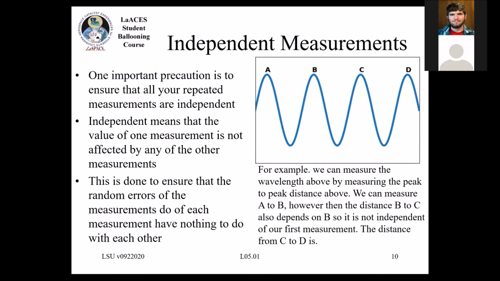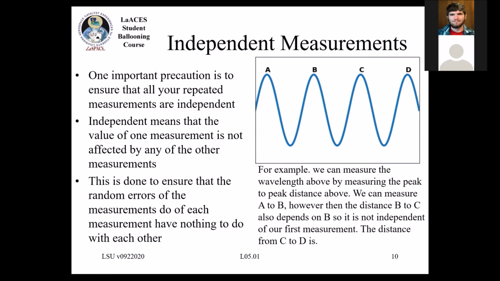That is what allows us to average several measurements together and reduce the random error of that average value, because the random values in each of those measurements have nothing to do with each other. If one of those measurements did depend on the other one, now the random error of the two measurements is related and it isn't necessarily going to average out.